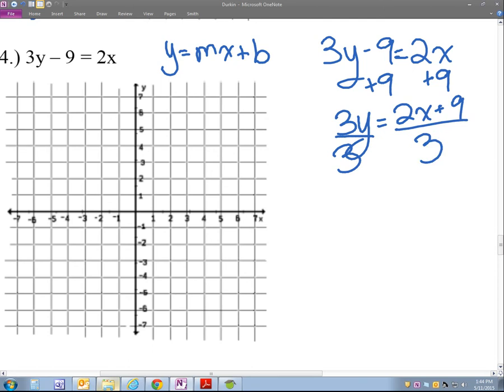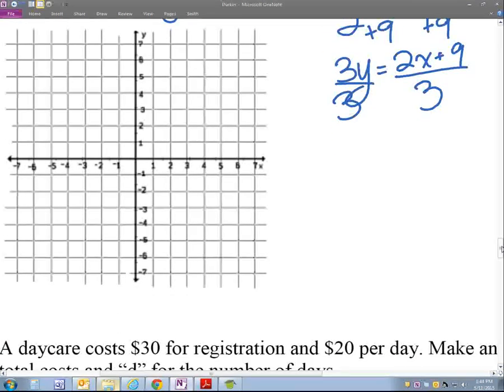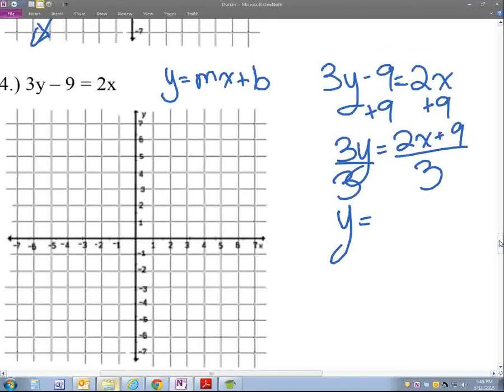Can you divide 9 and 3, like divide that by 3? Can you scroll back up just a little bit? So when I do this, if I separate those two out, I can do 2/3 x plus 9 over 3.